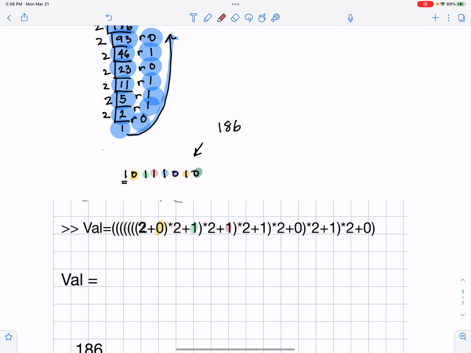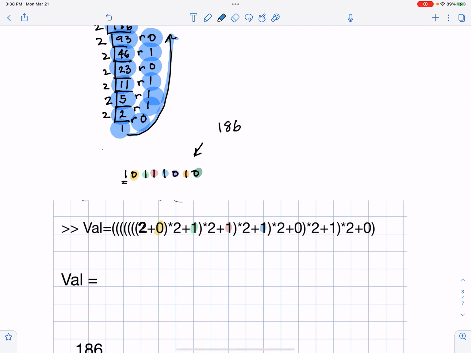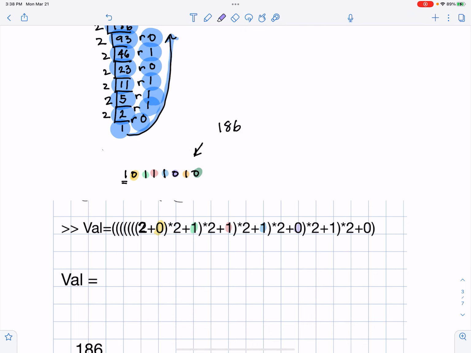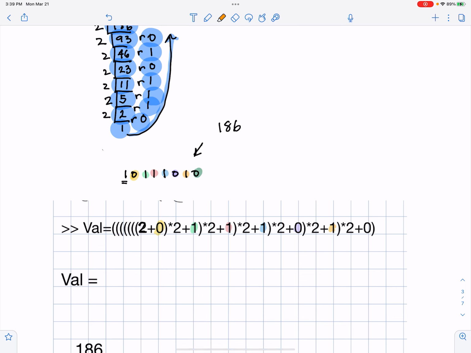So it's this recursive process that keeps expanding. Multiply that digit by 2 and add that next digit and multiply it by 2. For the purple term, add the next digit, multiply by 2. And then finally, the last two: orange, add that digit in, multiply it by 2, and then add the very last dark green digit in.